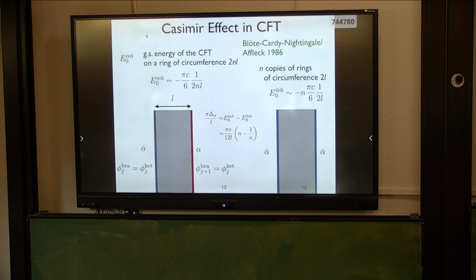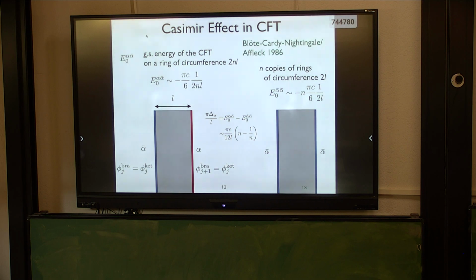So I can start from, for example, phi 1 bra, phi 1 ket, and then move to the right. Then you hit this red boundary. Then phi 1 ket is smoothly connected to phi 2 bra. Then you are reflected back as phi 2 bra. Then you hit the left boundary. Then phi 2 bra is connected to phi 2 ket.